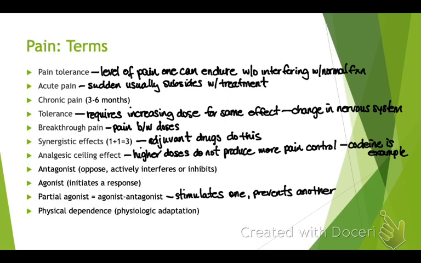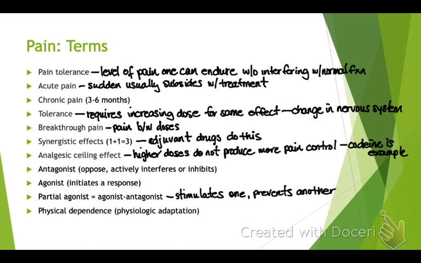Another term is your synergistic effect. And again, these are adjuvants that are used to augment individual drug effects. So meds that we will give that help to accentuate the activity of another med that they're already taking.